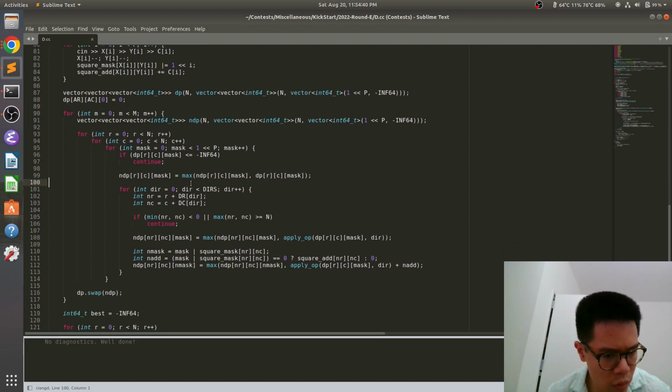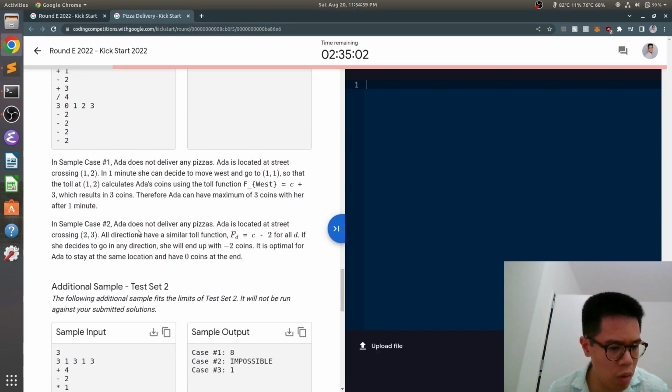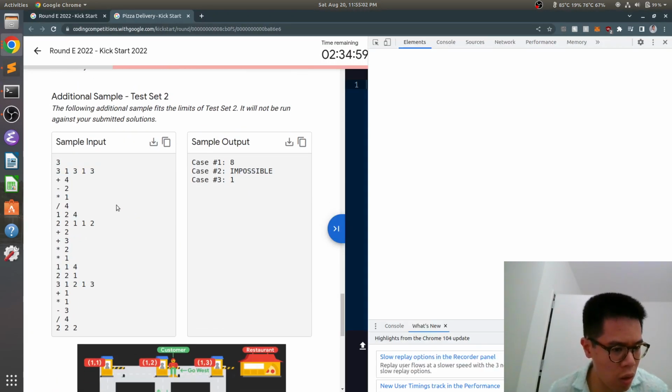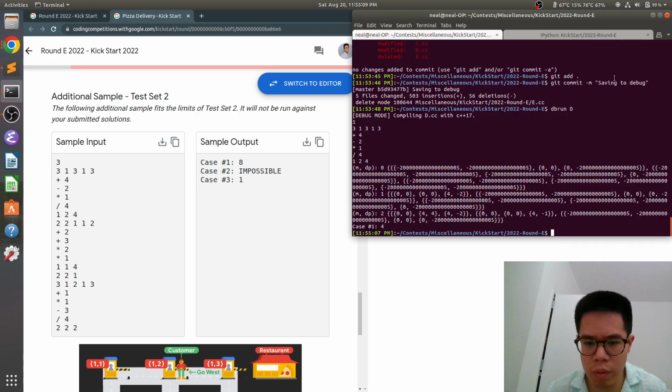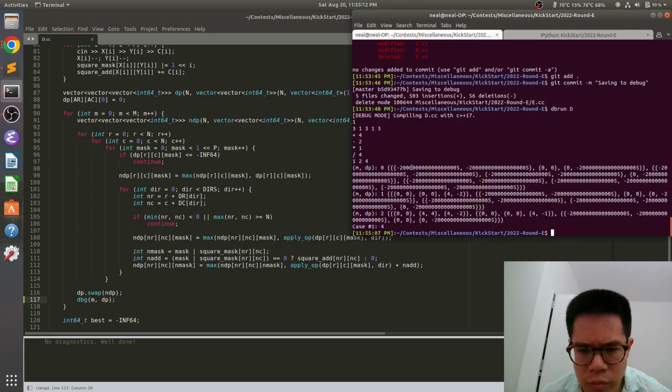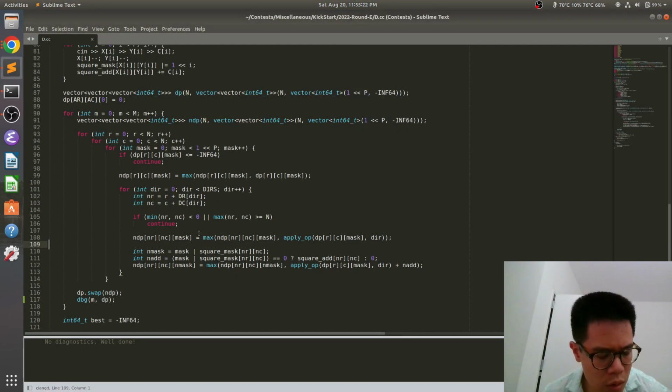Yeah, you can just do nothing, or you can go in each of the directions. Oh, sorry.